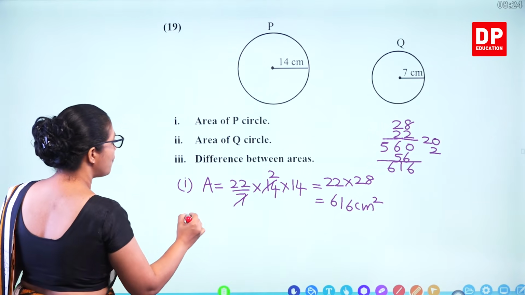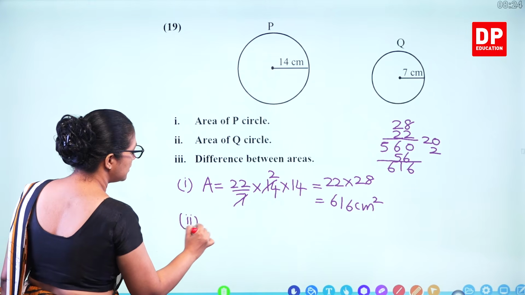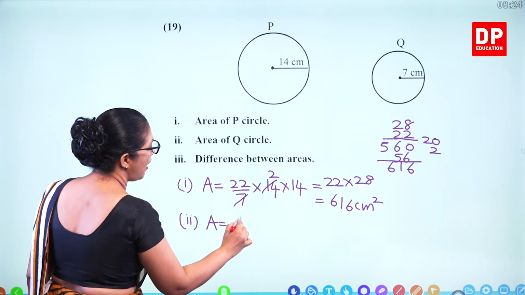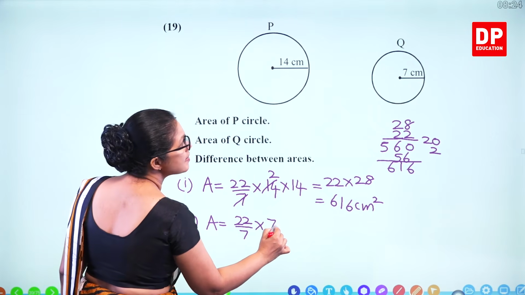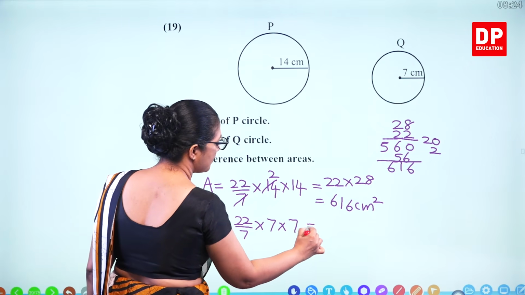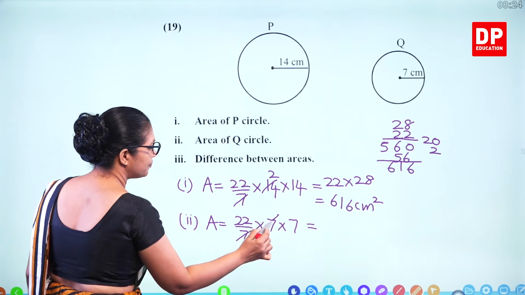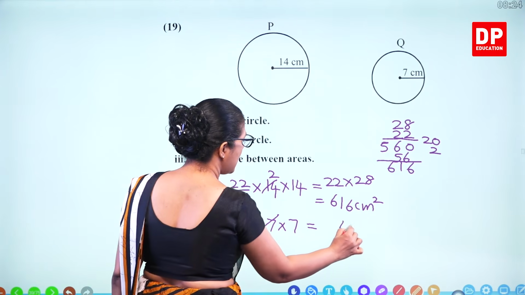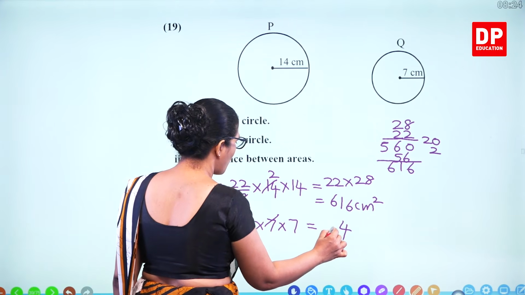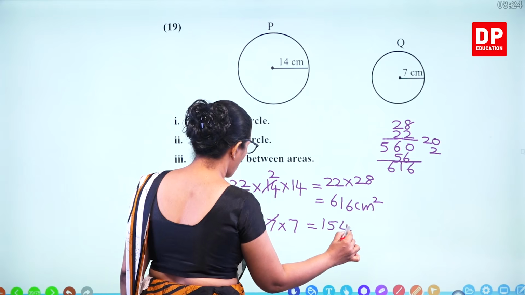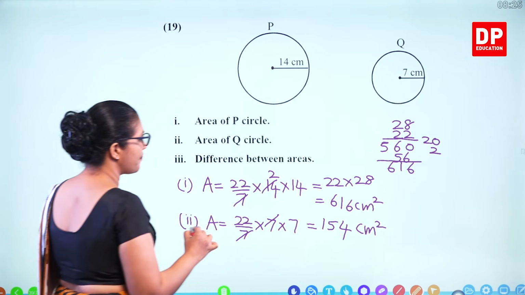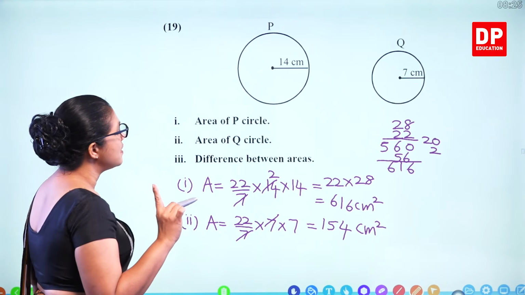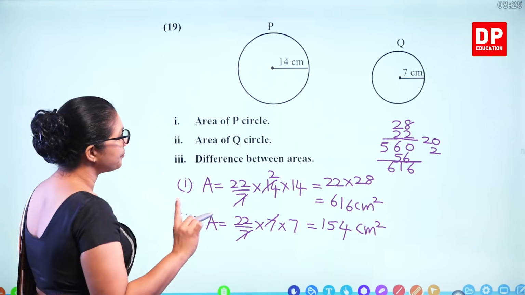What's the area of Q circle? Pi, I'll take 22 over 7. R is 7 now. 7 times 7. 7 times 2, 14. And 7 times 2, 14 plus 1, 15. So 154 square centimeters. Now, what's the difference between areas?